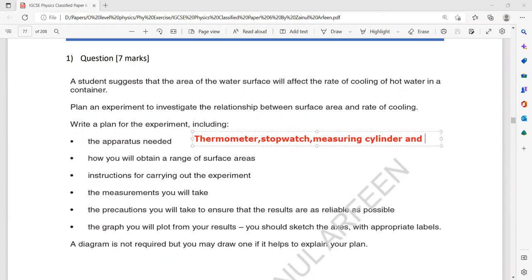And we need different size beakers. Why are different size beakers there? So that we can change the surface area.